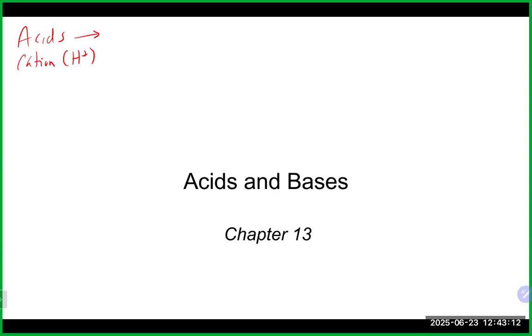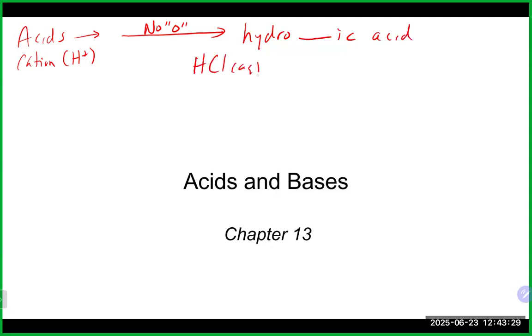And when we go to name acids, it really does involve whether or not there is oxygen. So if there is no oxygen involved in that acid, the name is hydro-something-ic acid, like HCl. There is no oxygen in that. And this is hydrochloric acid.